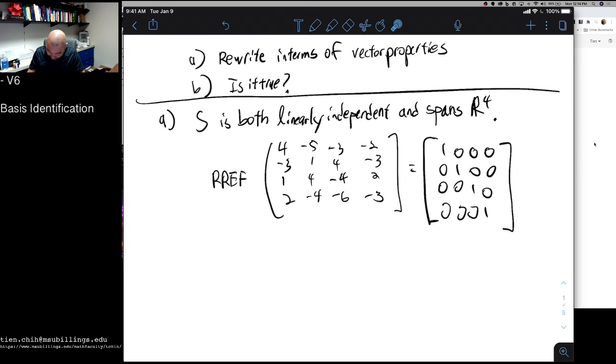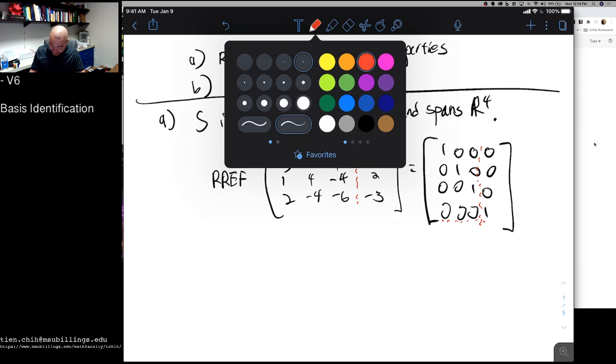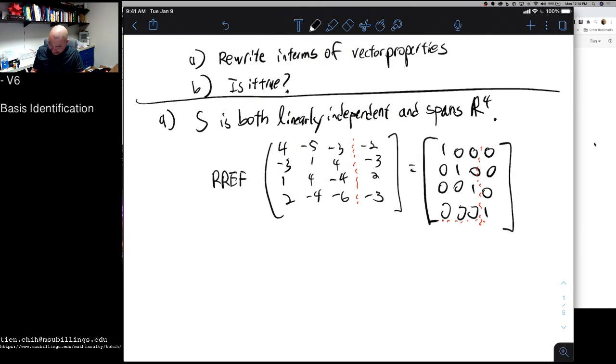As far as linear independence goes, if I were to pretend that I was trying to solve a vector equation where the first three columns were being combined to make the fourth column, what this bottom row tells me, with the zeros and the 1, is that there are no solutions to that, right?